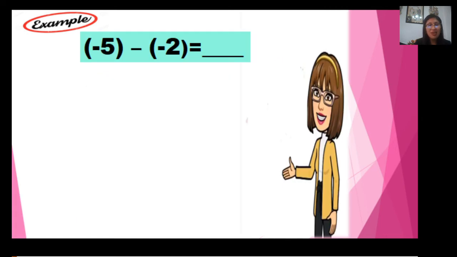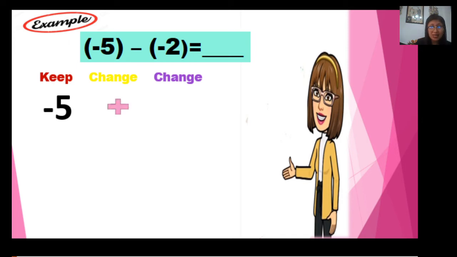Let's have another. Negative 5 minus negative 2. Keep, change, and change. Keep the first integer, negative 5. Change the operation minus into plus. Then change the second integer, or get the opposite of negative 2. That becomes positive 2.